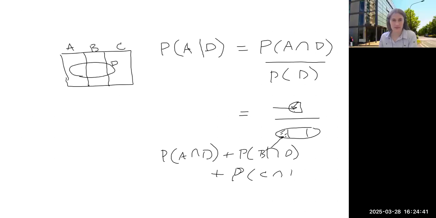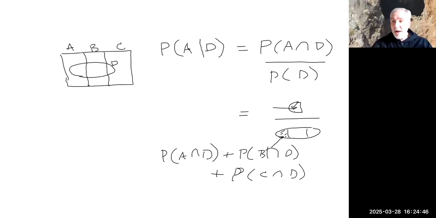So we can look at all of this in terms of these intersections.